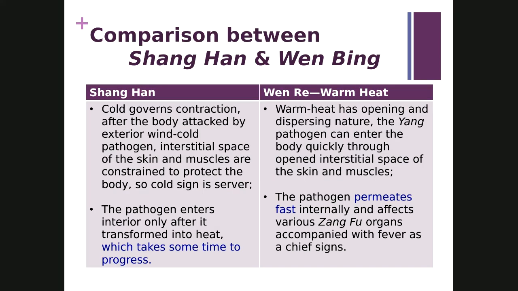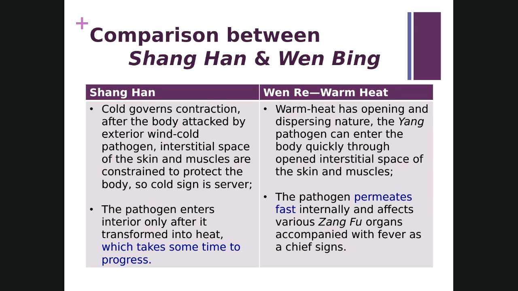And here is a slide with a table to indicate the specific comparison between Wenbing and Shanghan. Shanghan focuses on cold pathogens. As cold is contracting in nature, when our body is attacked by external cold dominant pathogens, the interstitial spaces, the gaps between the skin or muscle tissues, will be constrained to protect the body.